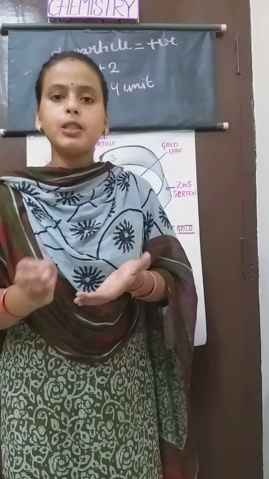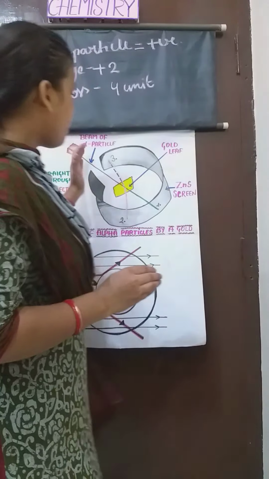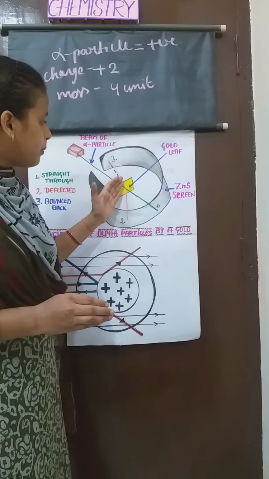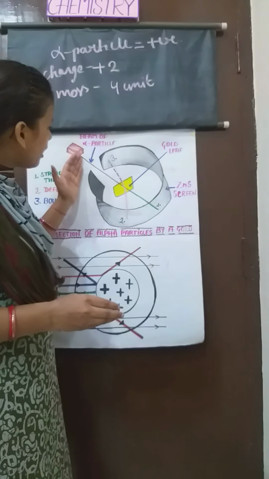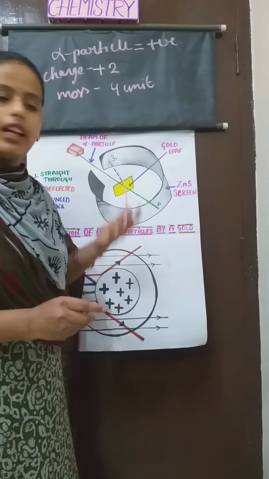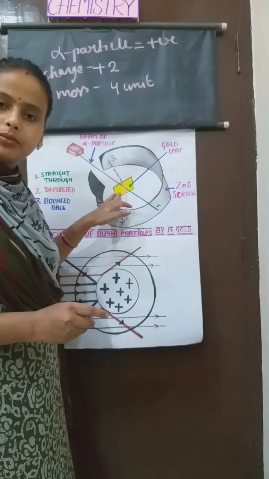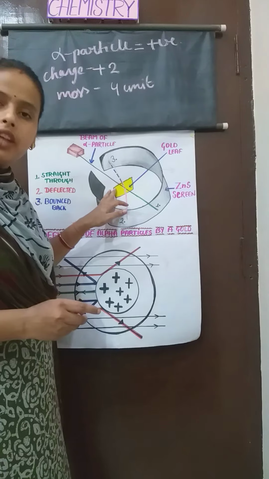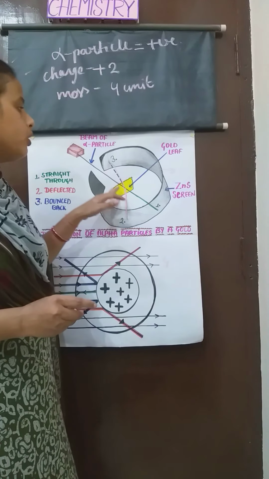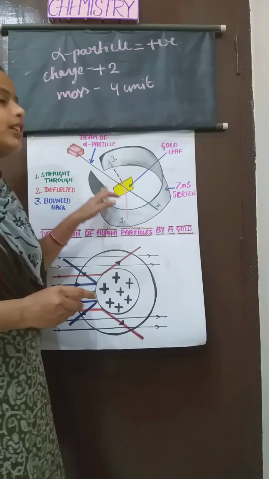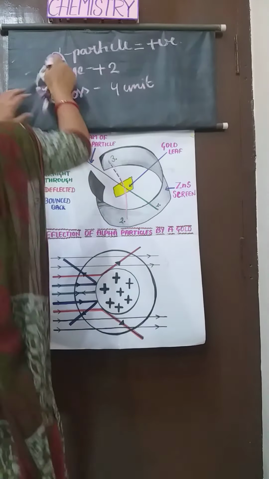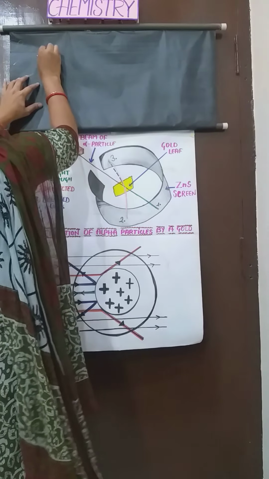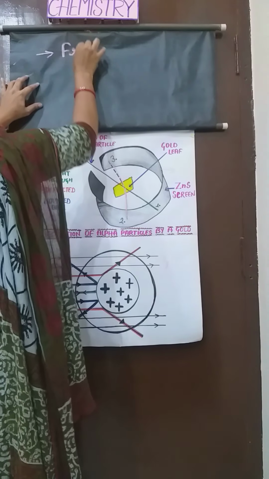Because if the atom were solid, the alpha particle would hit it strongly and there would be a change in its direction, but that does not happen. So it is clearly said that the atom consists of some free space.